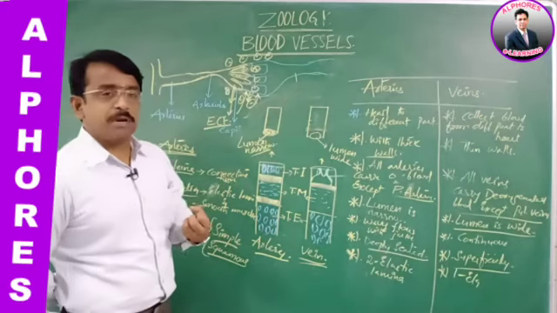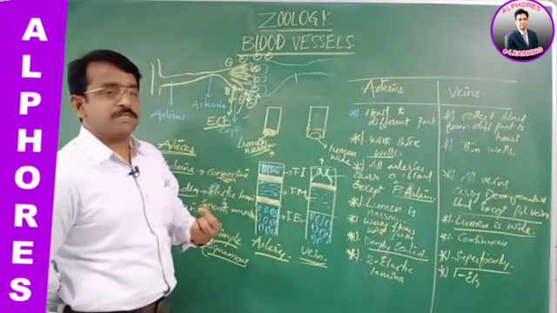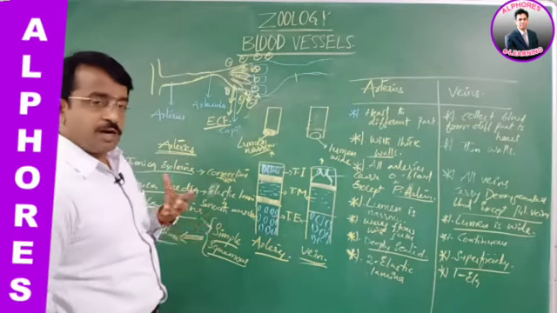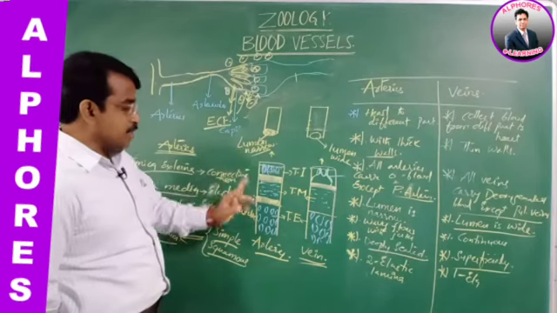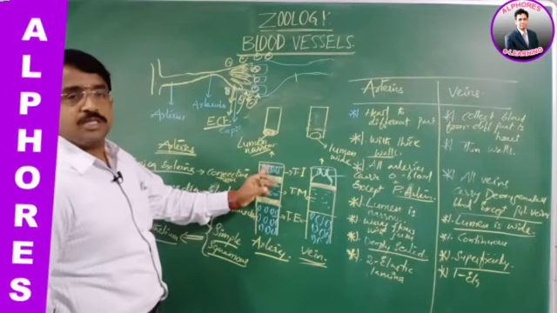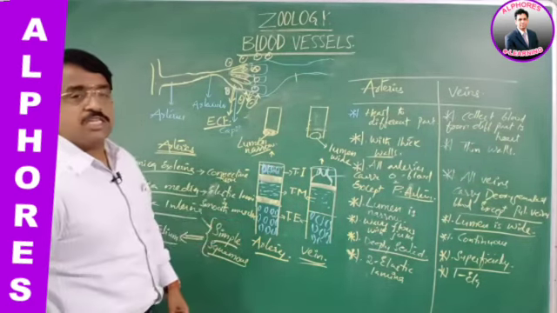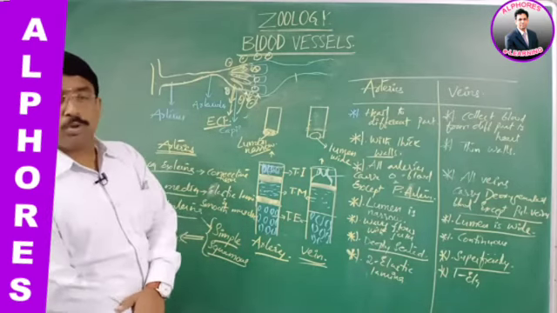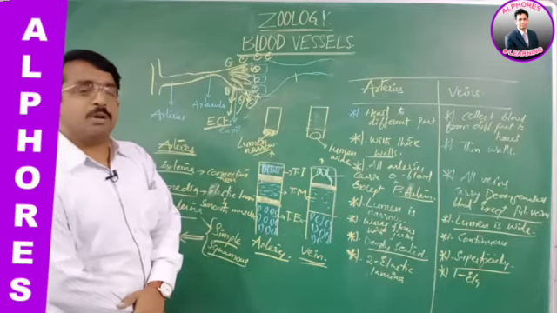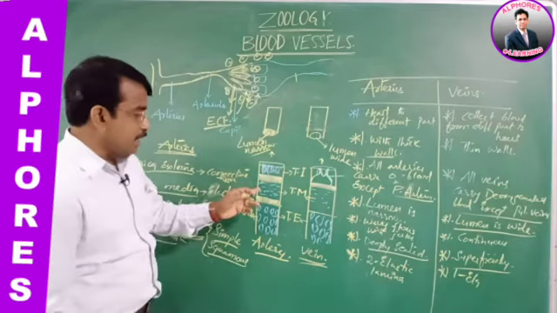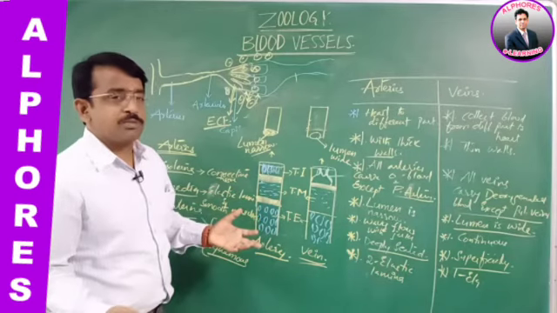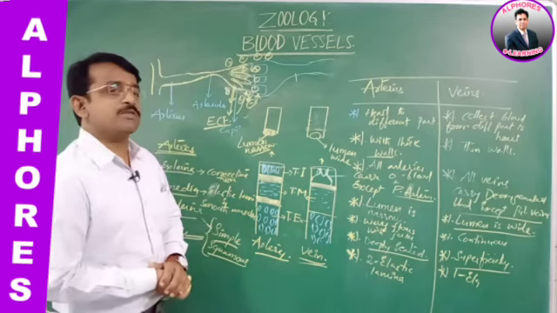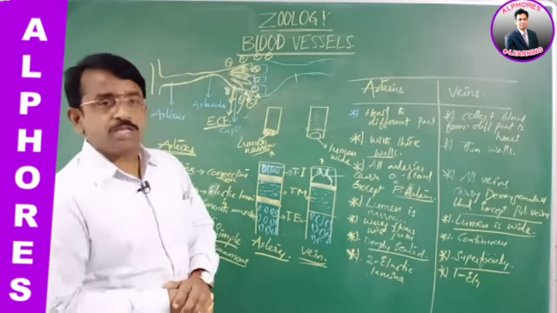If you observe the blood vessels called arteries and veins, structurally the wall of the artery and the veins are with tunica externa, tunica media, tunica interna. Tunica externa is with connective tissue fibers, both elastic and collagen fibers.